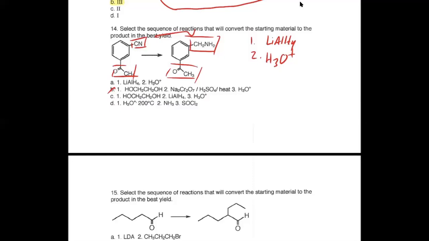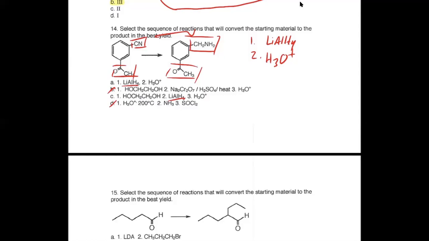So even if you were unsure, you see two that have the lithium aluminum hydride, so just go with that, right? There is a different reagent you can use. You could use H2 with a solid metal, but I like using the lithium aluminum hydride better. Since we already know it, we might as well use it.